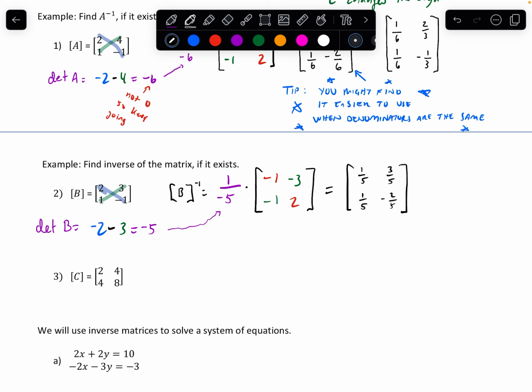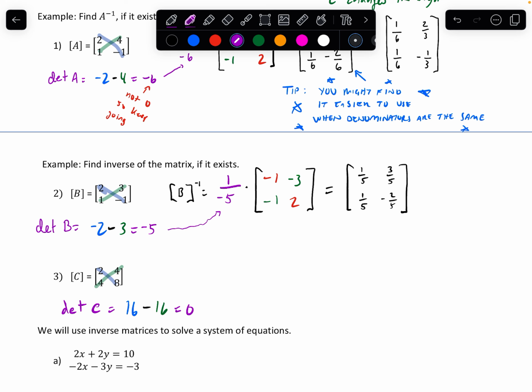And this last one, we're going to do that, so find the determinant of C. So again, taking 2 times 8, which is 16, minus 4 times 4, which is also 16, so that equals 0.